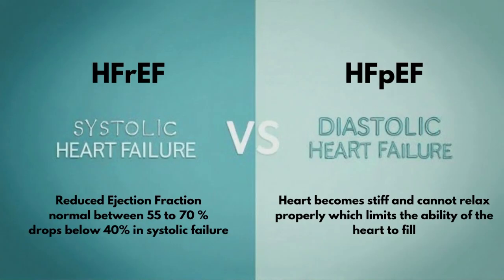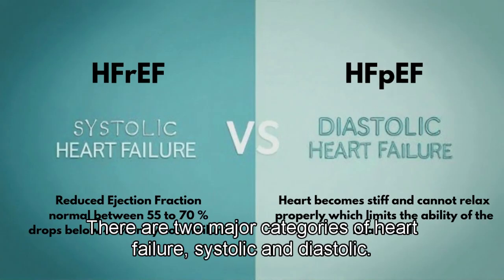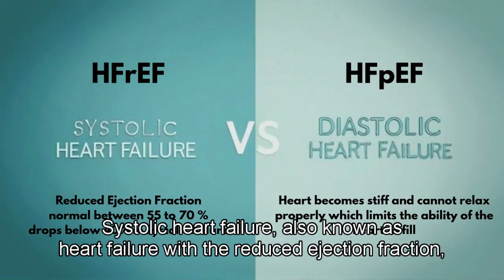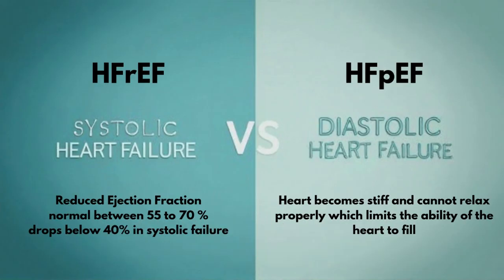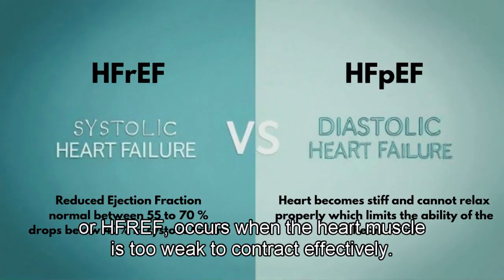That's heart failure. There are 2 major categories of heart failure, systolic and diastolic. Systolic heart failure, also known as heart failure with reduced ejection fraction, or HFrEF, occurs when the heart muscle is too weak to contract effectively.